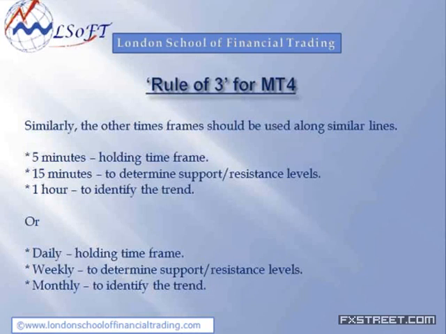Similarly, if you're trading on the daily time frame, you should look on the weekly for support resistance levels, future or higher support resistance levels, and monthly to identify the trend. Now let's just look at the trend. Let's say that you're trading on the daily time frame, just as an example. You look at the weekly to determine levels of support resistance, and let's say you're looking for a long trade.